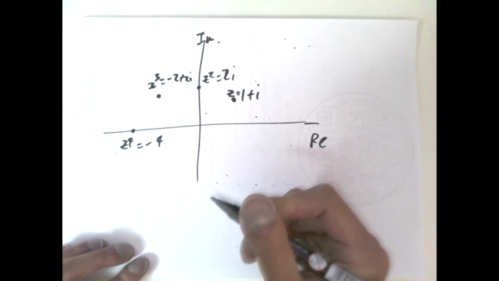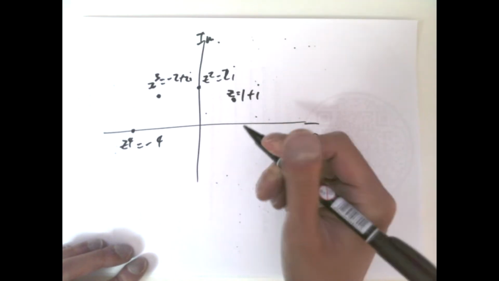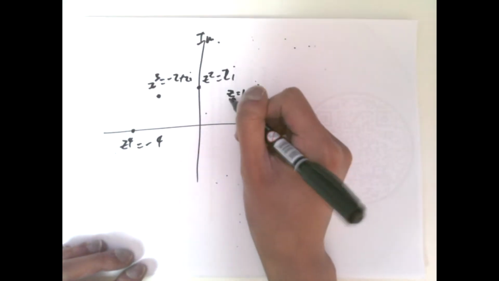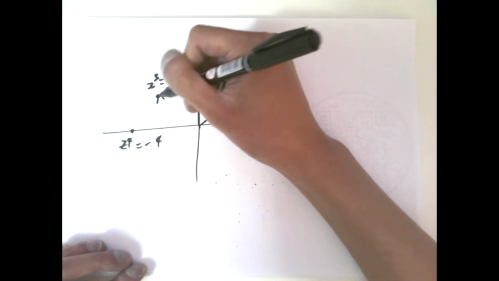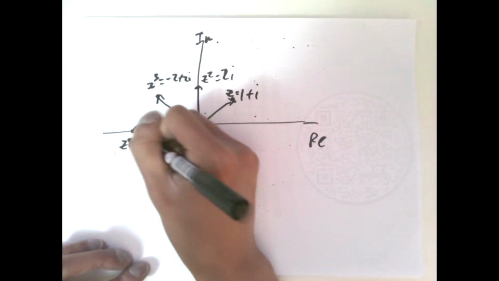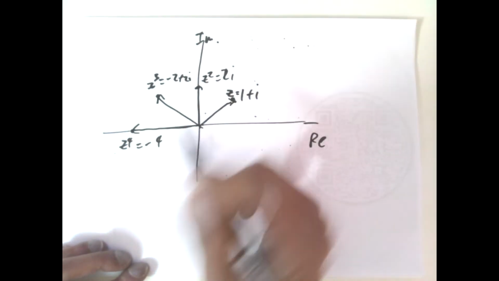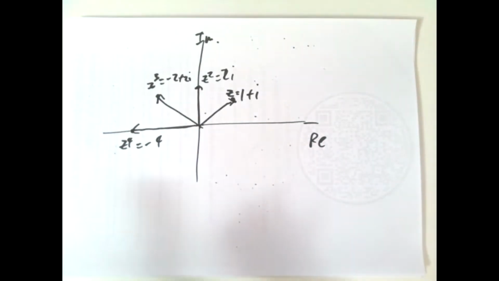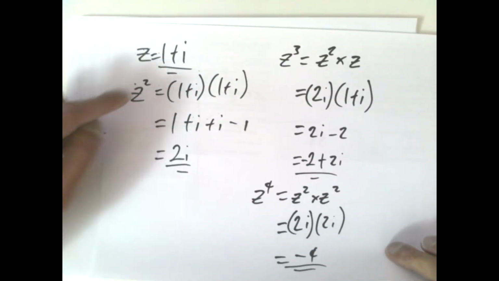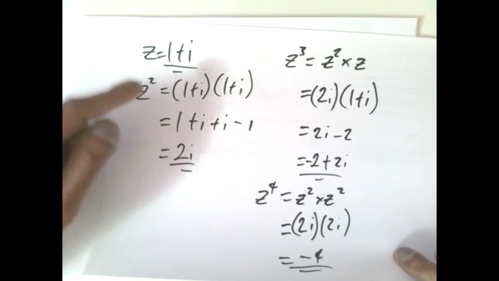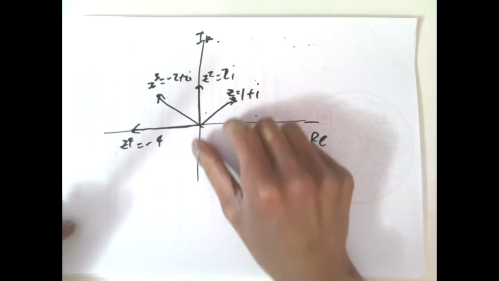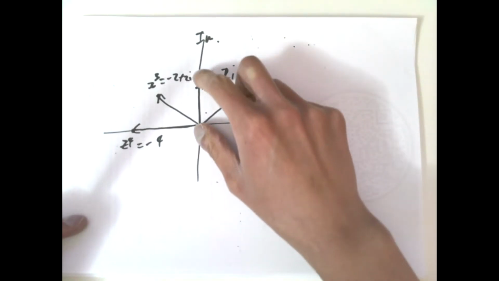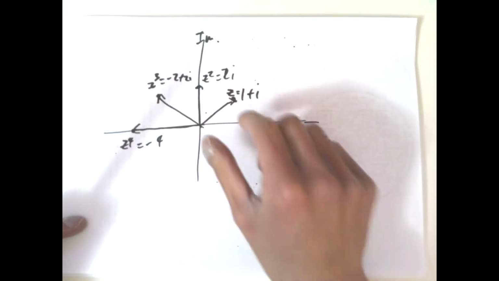If we were to actually find the displacement vectors of these complex numbers from the origin, we see a trend happening. As we successively raise a complex number to a power, which in this case is just the complex number multiplying itself, the displacement of the complex number from the origin gets longer.